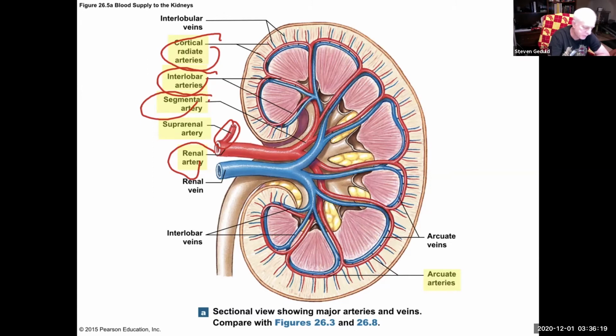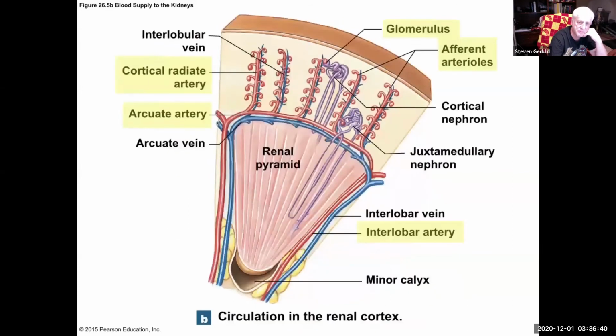You also have your arcuate arteries, which curve around the edges, feeding off the cortical radiate arteries. So you have the renal artery, segmental arteries, interlobar arteries, arcuate arteries, and then cortical radiate arteries. Each one gets smaller and smaller, providing blood flow into the kidneys.